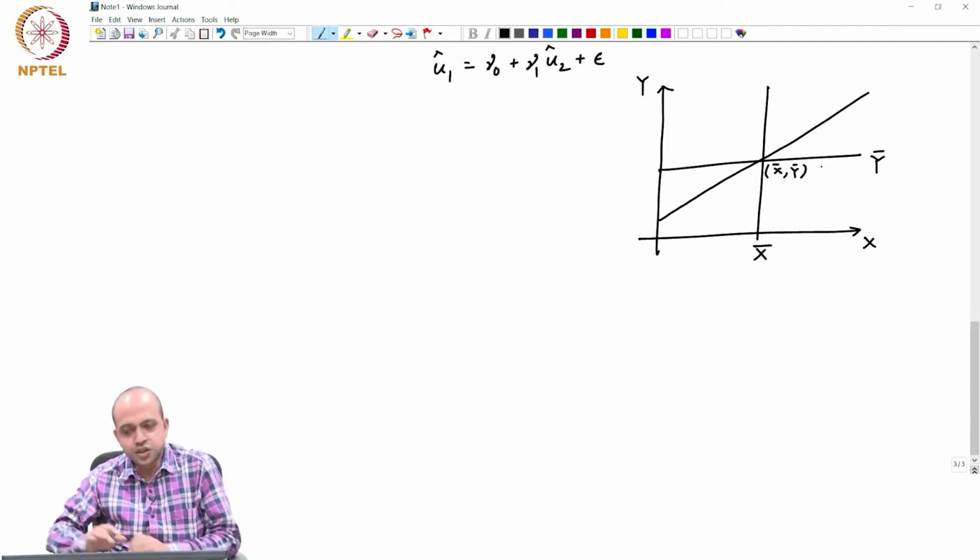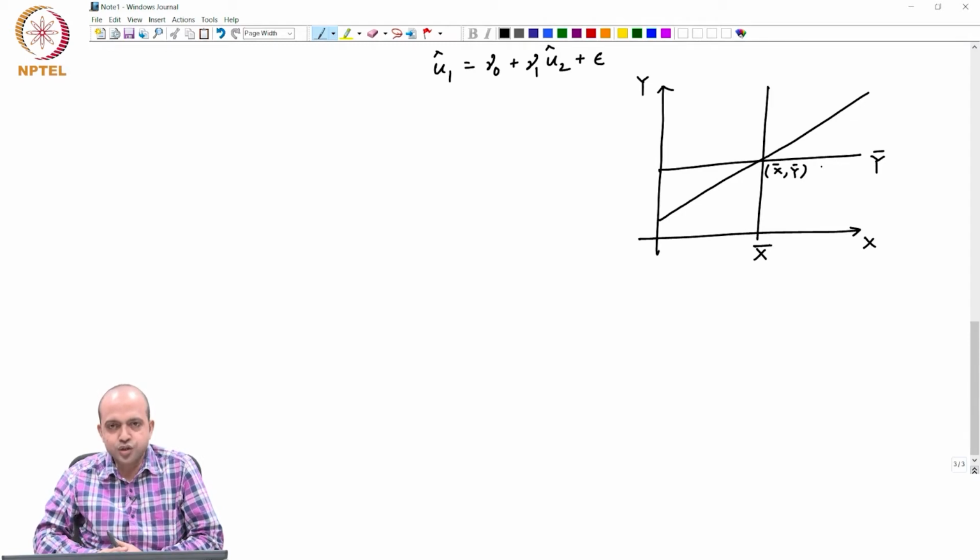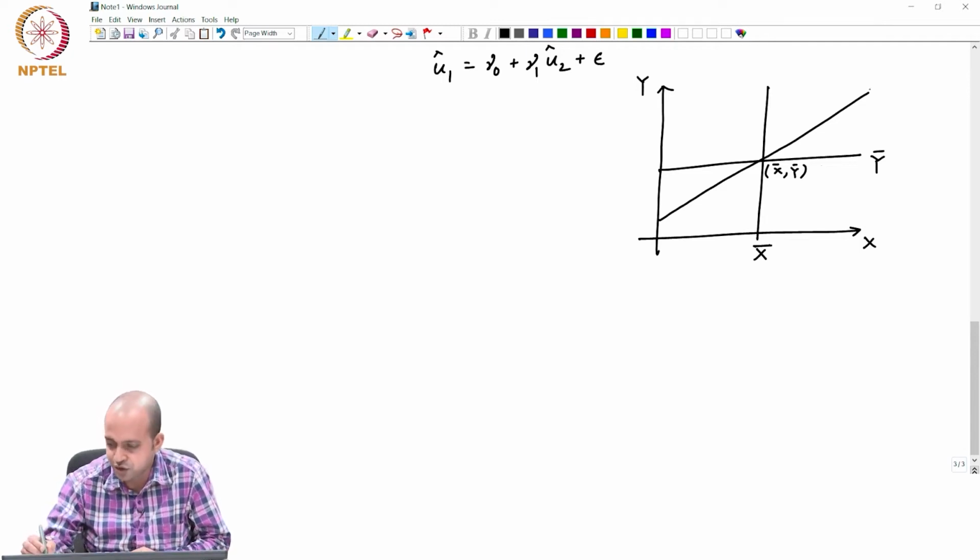This is the property that the sample regression function must pass through the sample mean or average. That means when I am running a regression of y on x, it should pass through x bar and y bar. That is one of the important properties that we have discussed.